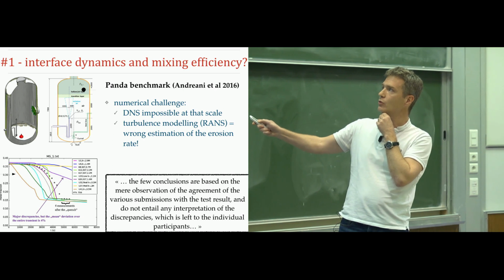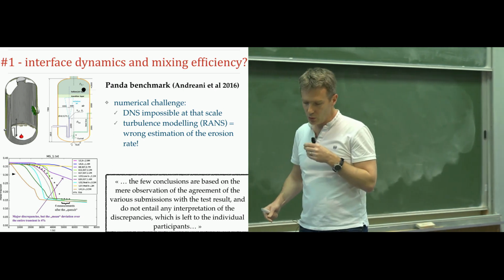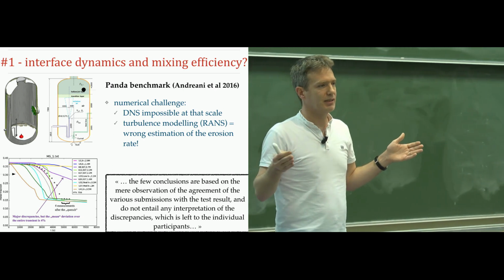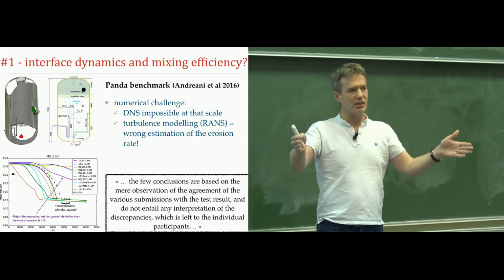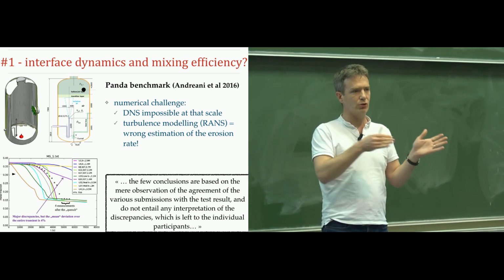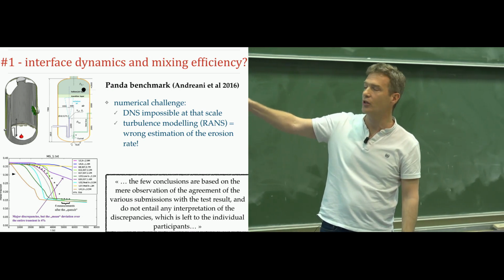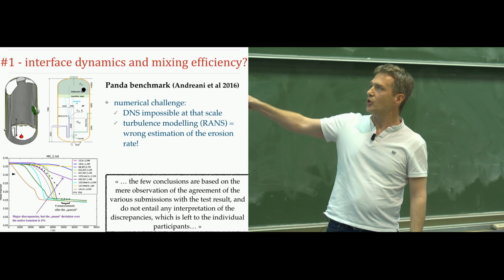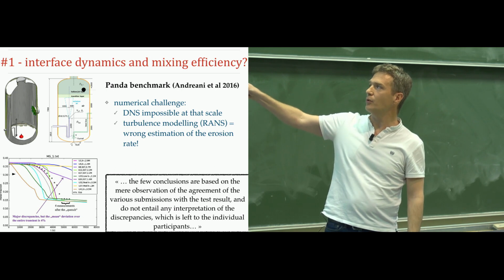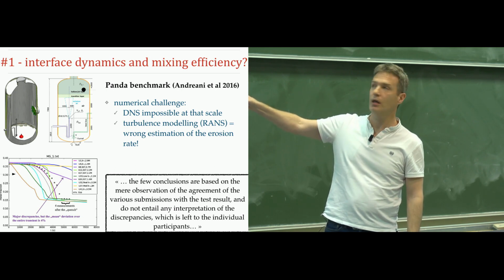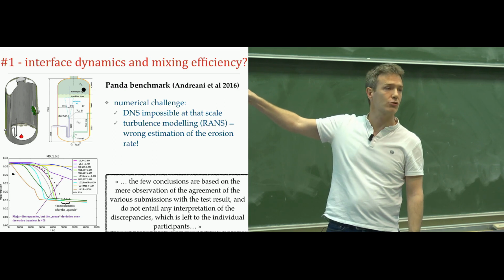It's from a paper in 2016, where all the safety models did a scale 1 experiment, not using hydrogen, but using helium. They took a big container, about 10 meters high, air at the bottom, helium at the top, and one single jet here, and one probe here to measure the concentration of helium.